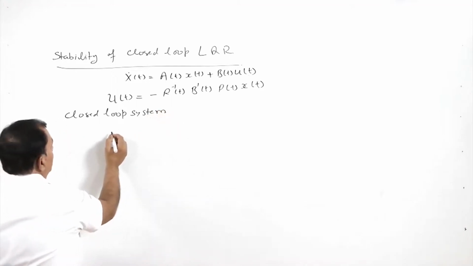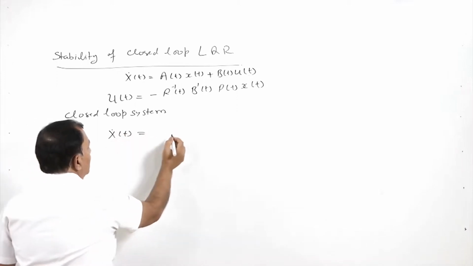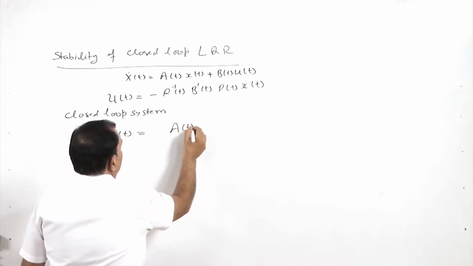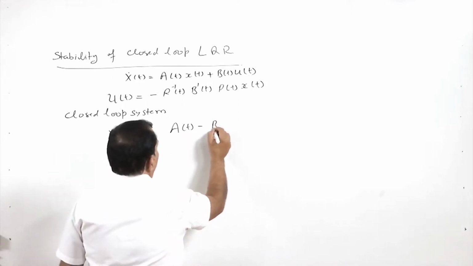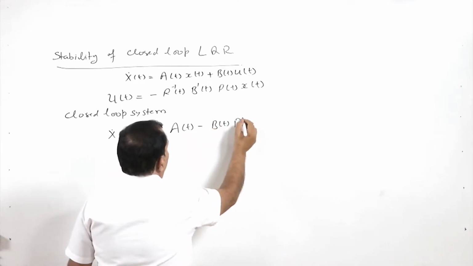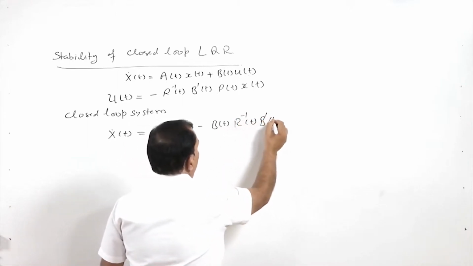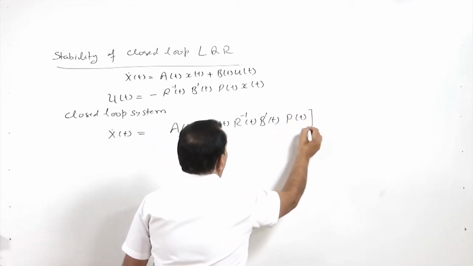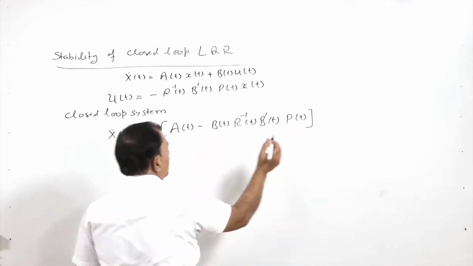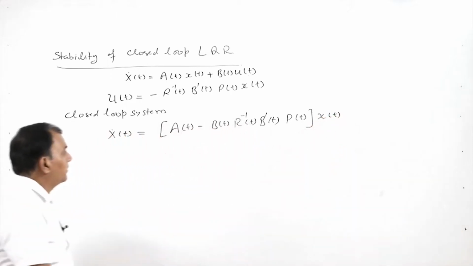x dot t is A(t) minus B R inverse B prime P(t) times x(t).